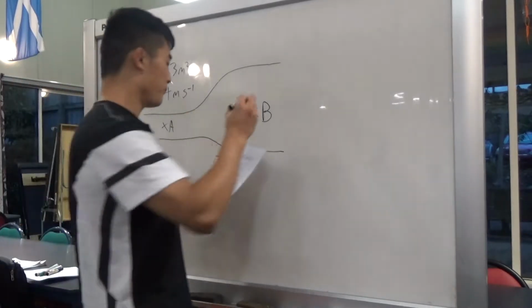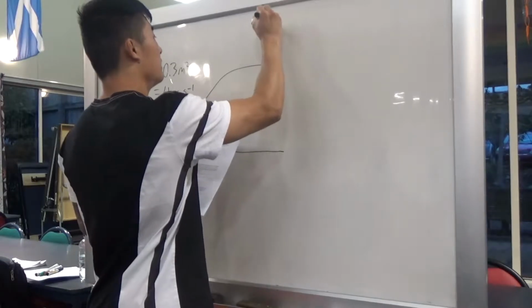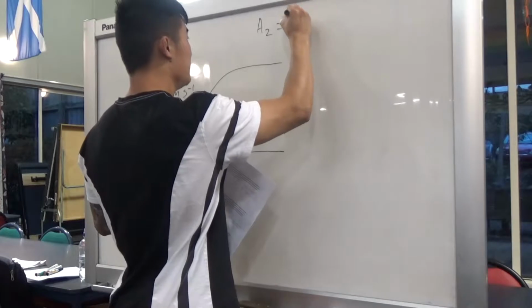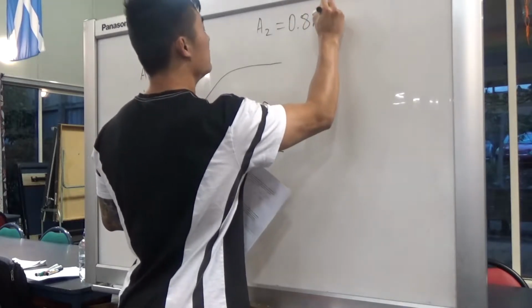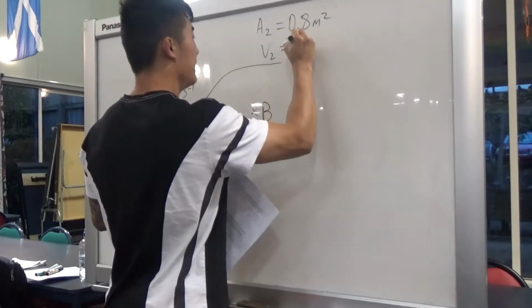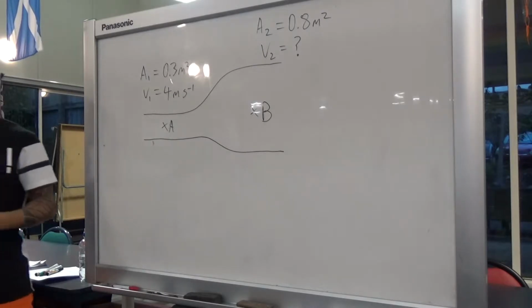And then cross-sectional area 2, A2, is going to be 0.8 meters squared. And then V2 is our question mark. So we want to find out what the velocity is going to be at point 2.